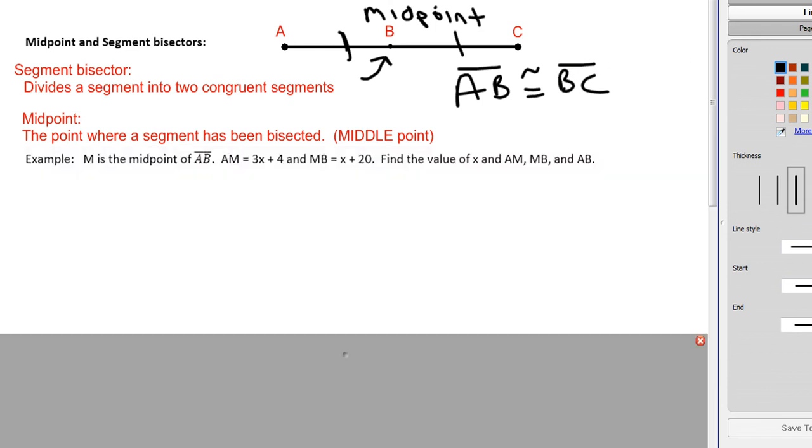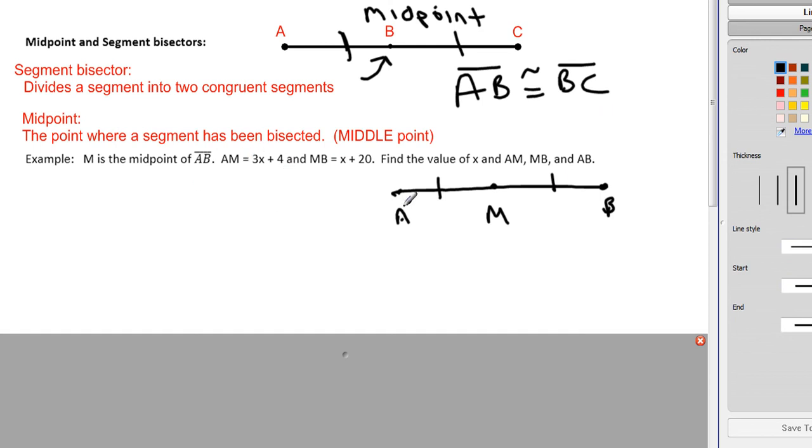Okay, this is how you're going to see it as an example. M is the midpoint of segment AB. So immediately we should draw a segment AB and then put a point M in the middle, and we know that it's the middle because we're going to put our two little hash marks here.